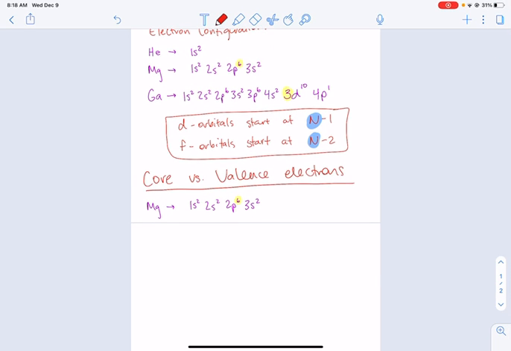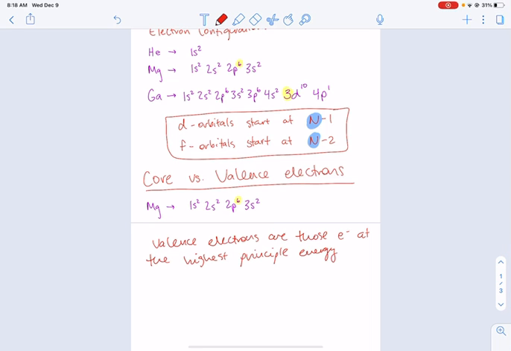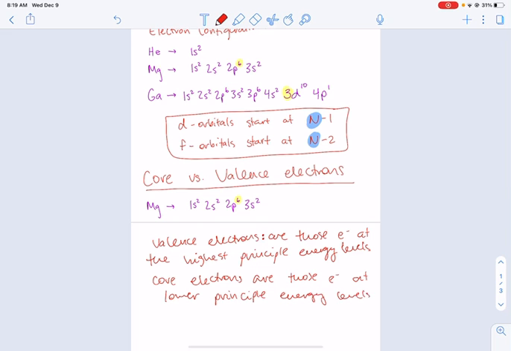So valence electrons are those electrons at the highest principal energy levels. Right? That's basically what those are. Core electrons are those electrons at lower principal energy levels.